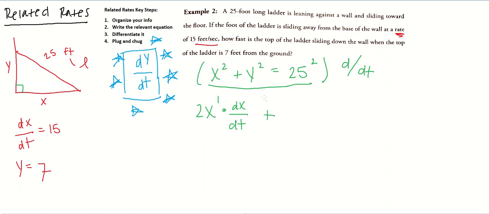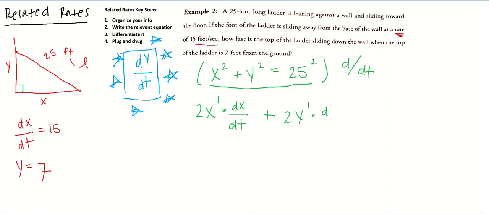And so now we need to take the derivative of y squared. Again, y is also a function, so we need to use the same process that we used here. If we take the derivative of y squared, treating y like a function, we're going to use chain rule. So we're going to have 2y to the first, and then we need to multiply that by the derivative of the inside, by the derivative of y.